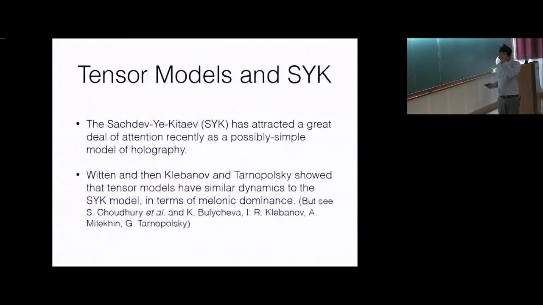The motivation is that the SYK model has attracted a great deal of attention recently as a possibly simple model of holography. One of the reasons the SYK model is interesting is that you can solve it in the large N limit, and the reason it can be solved in the large N limit is because the Feynman diagrams are dominated by what are called melonic diagrams.